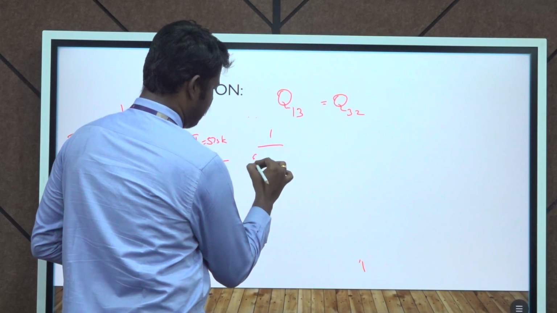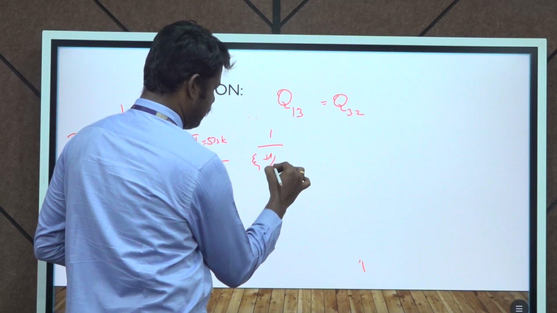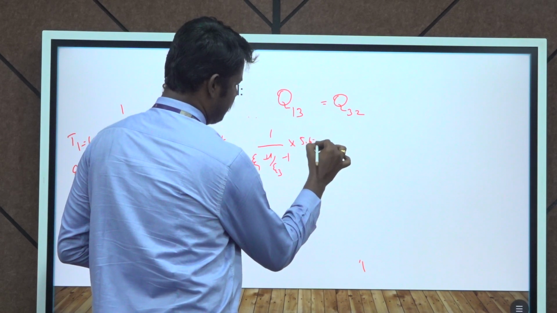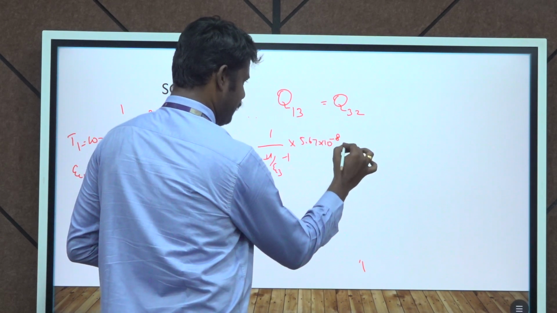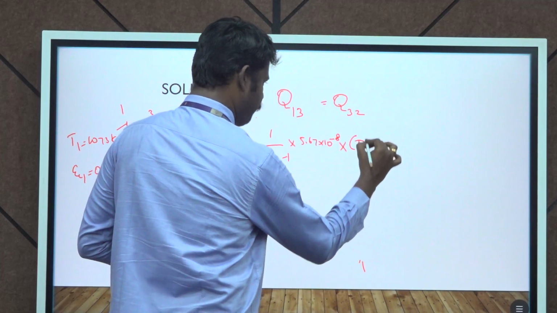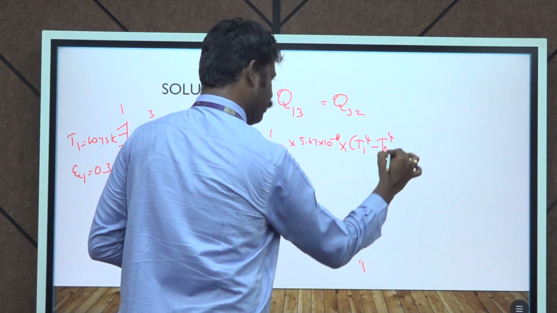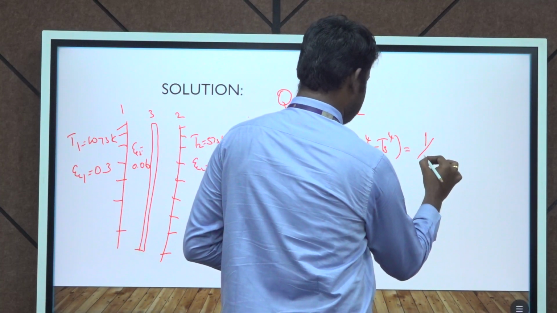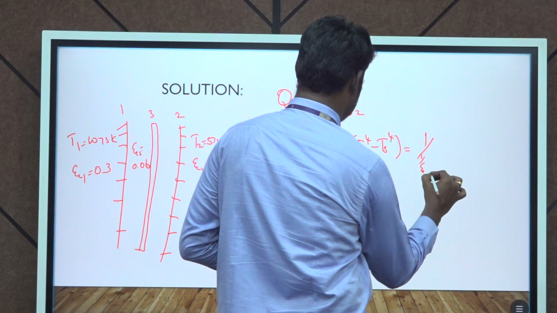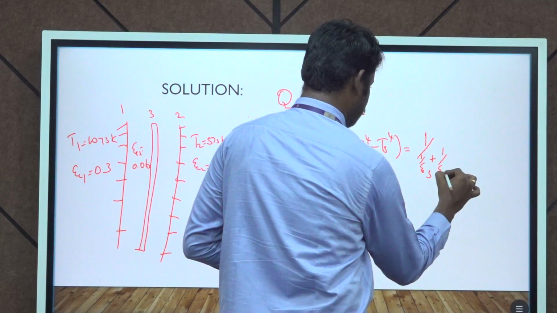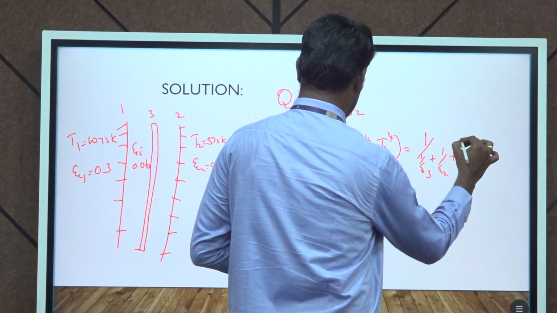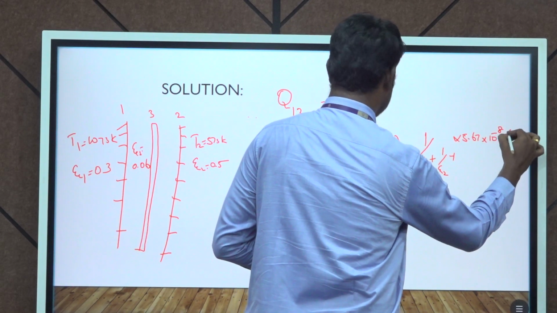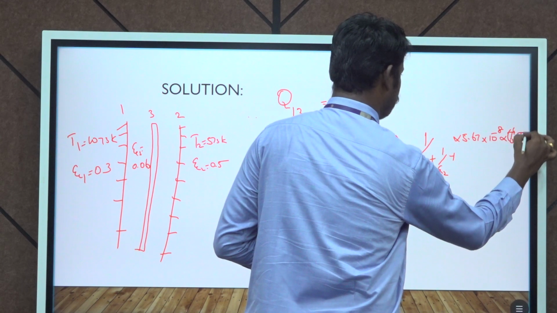So 1 by epsilon 1 plus 1 by epsilon 3 minus 1, into sigma 5.67 into 10 to the power minus 8, into T1 power 4 minus T3 power 4, equals 1 by epsilon 3 plus 1 by epsilon 2 minus 1, into 5.67 into 10 to the power minus 8, into T3 power 4 minus T2 power 4.